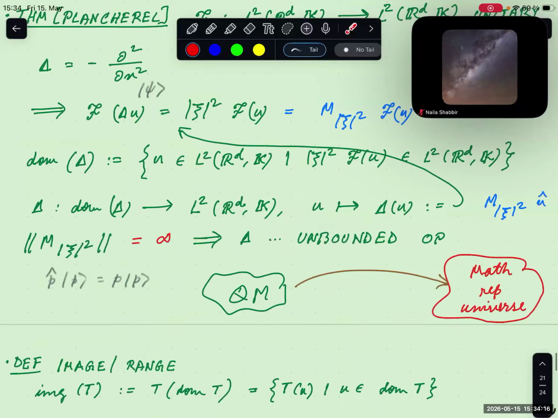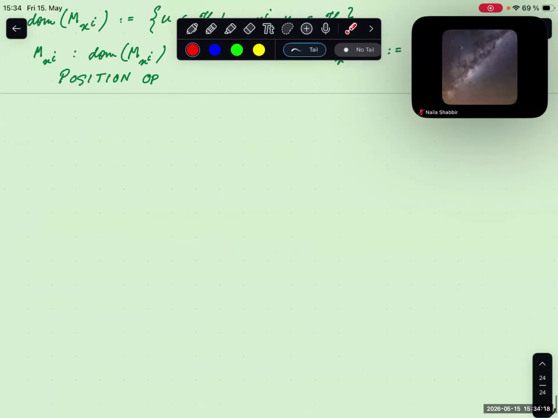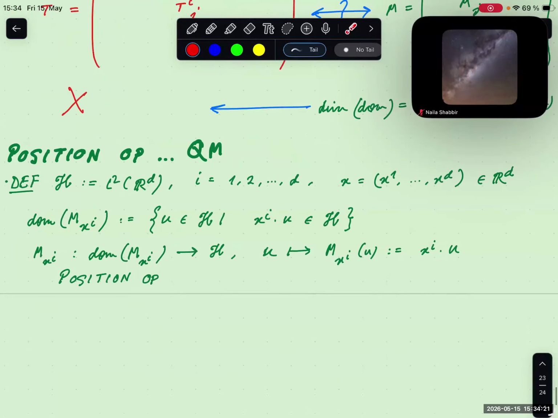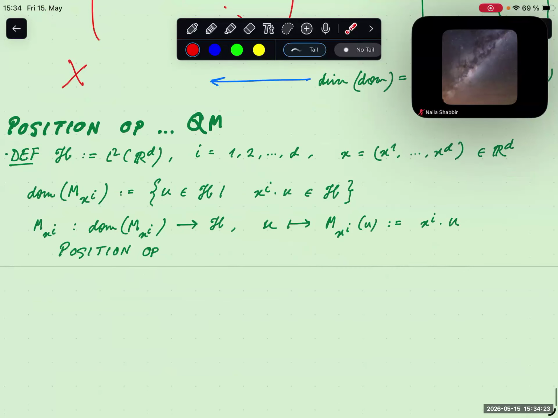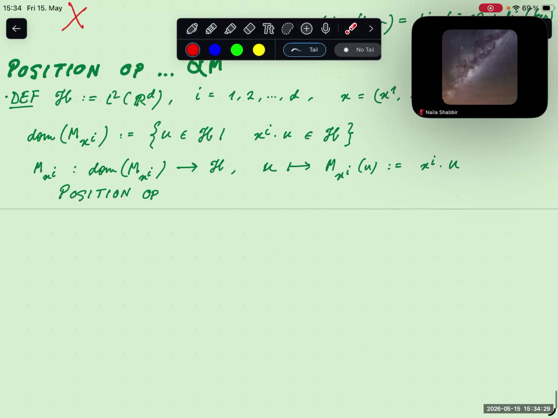But now nature tells us, no, not most general function. You have to take this specific function. And this specific function is not L infinity. Therefore, the position operator is not a bounded operator.